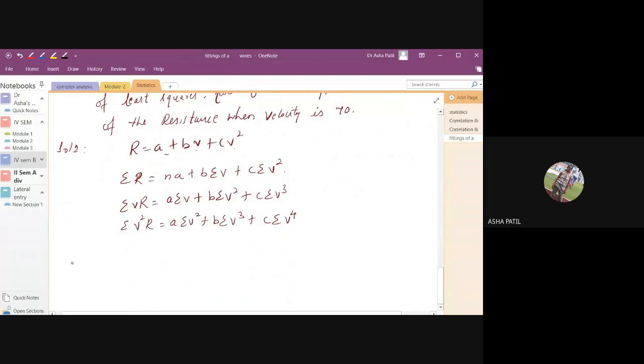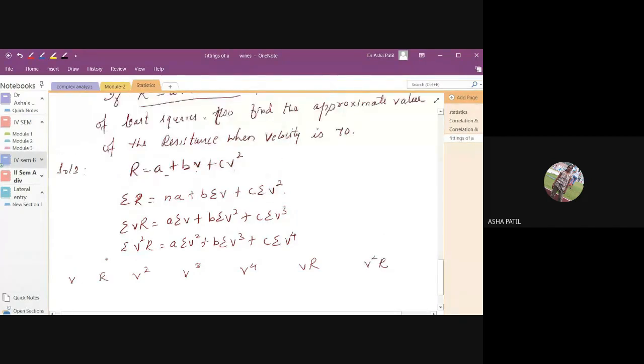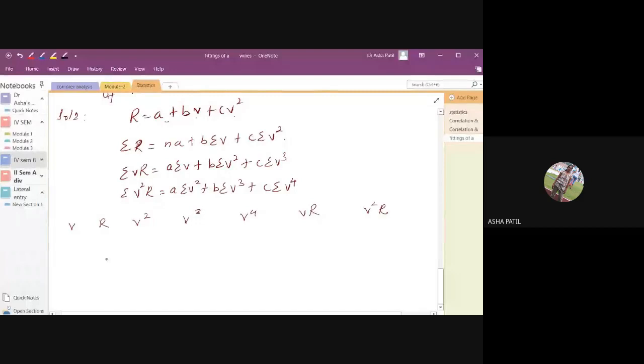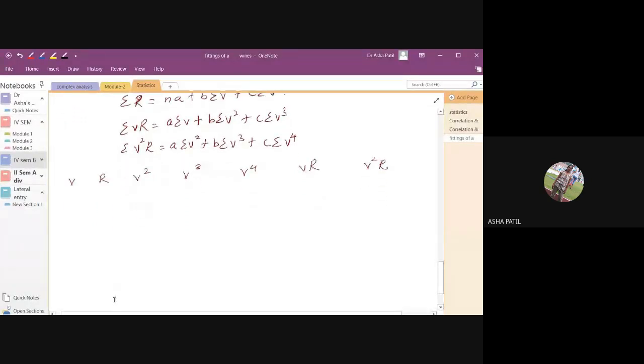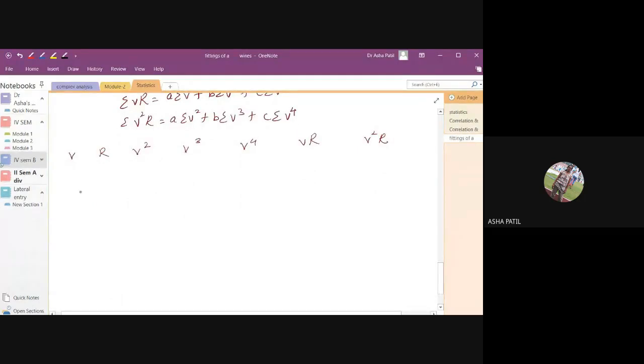Now put all these values in a table: V, R, V square, V cube, V raised to 4, then VR and V square R. Be quick with the calculator, otherwise we'll spend a lot of time on this. Let me write the values of V: 20, 40, and so on.